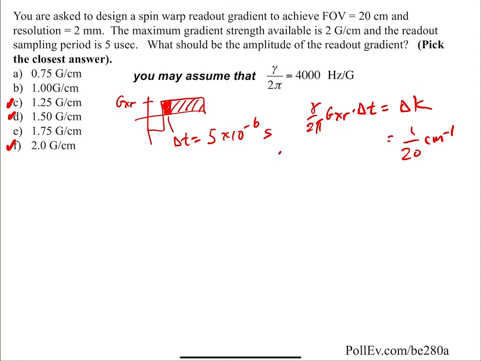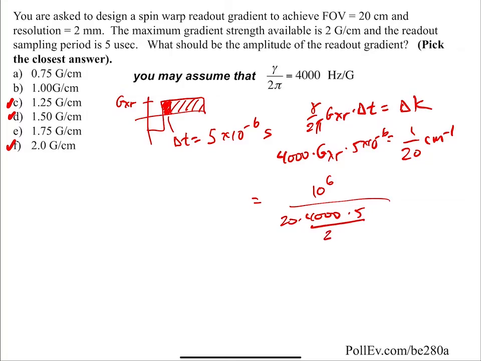So I'm given that this is 4,000 hertz per Gauss, which is a nice number, GXR, and then I have 5 times 10 to the minus 6, right? So let's do the math. It's 1 over 20, over 4,000 times 5 times 10 to the minus 6. Is that right? Okay. So what is that? That's 20,000 there.